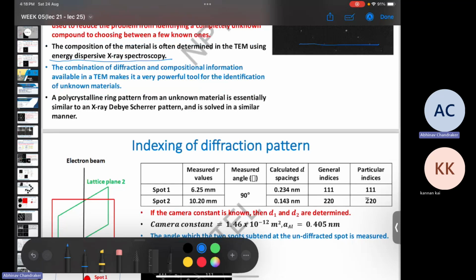And by combining the compositional information from X-ray spectroscopy as well as the diffraction information from TEM, you can decipher a lot of details regarding the material which you're using, which you might not be sure about.